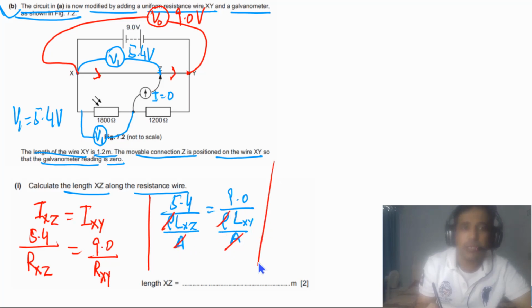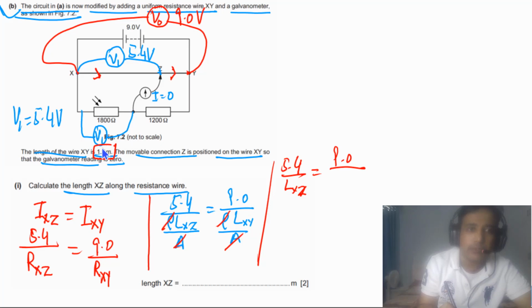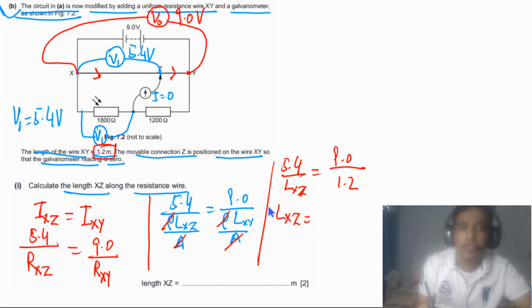So now simply we are left with 5.4 divided by LXZ equal to 9.0 divided by LXY. LXY is equal to 1.2. So now simply we can find LXZ. LXZ will be equal to 5.4 times 1.2 divided by 9, and if we solve this one, our final answer has to be equal to 0.72 meters.